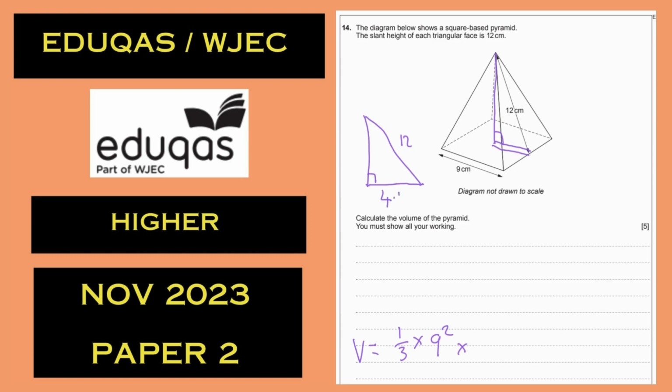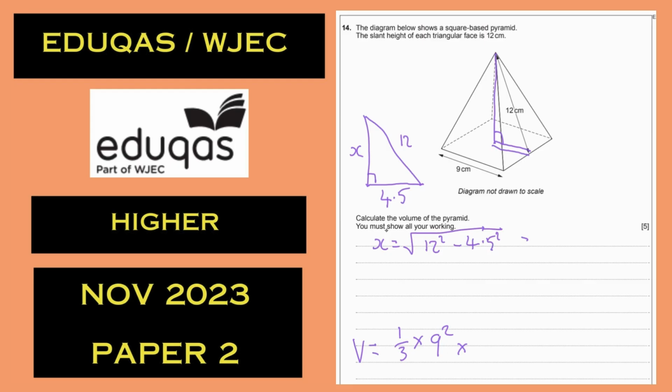So that's 4.5. I'm reluctant to put h on there because h is usually reserved for the hypotenuse. So let's call it x. And to find x, 12 is the hypotenuse. We need to do 12 squared minus 4.5 squared.